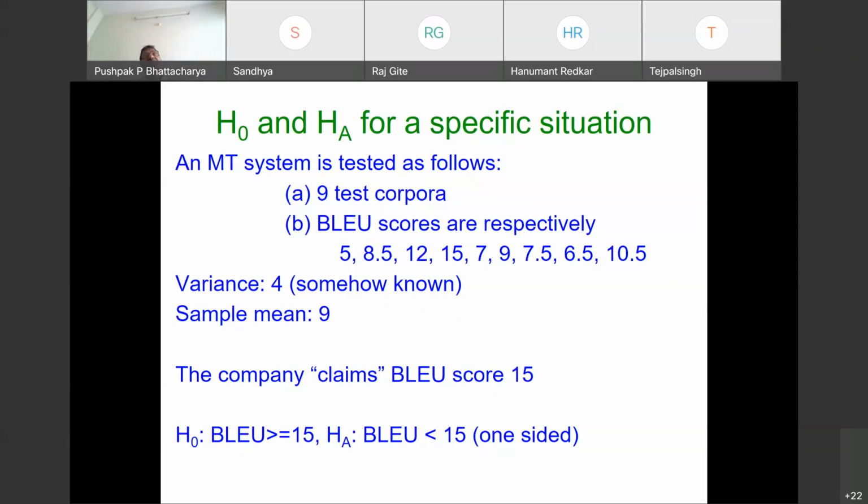Because the null hypothesis is a creation based on many factors, maybe bias also. So that is the point. And if the null hypothesis is true, the observation cannot be true. It is impossible that I'll get these values in front of me. And therefore, I have to reject the null hypothesis.